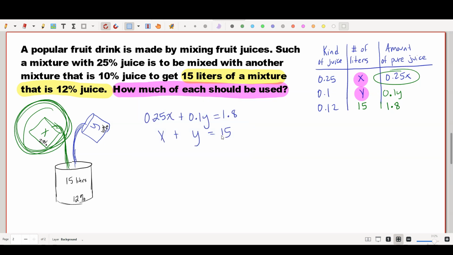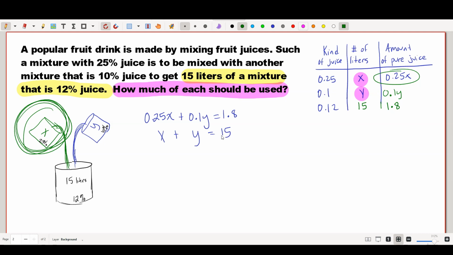Well, this is a linear system, so I can solve it through substitution or elimination, one of those two things. So you can take your pick here. In the last video, I believe I used substitution, so I'm going to use elimination here. Elimination means we're going to multiply one or both equations by a number so that when we add the equations, we can eliminate.